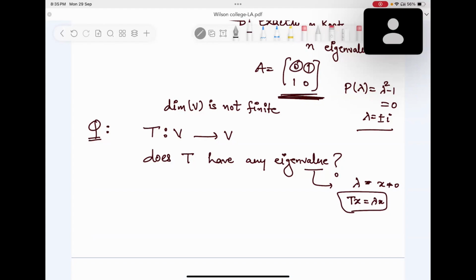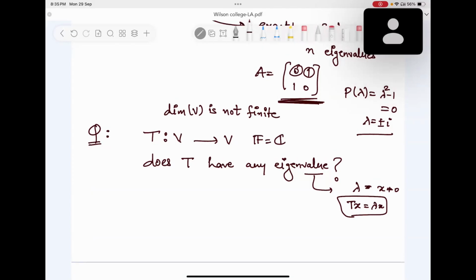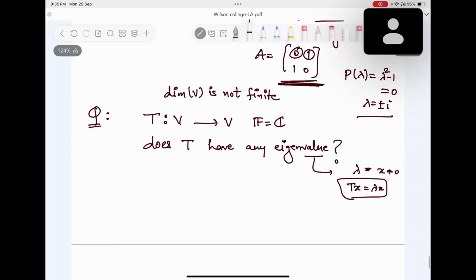In finite dimensional V, even if the field is complex, we have eigenvalues corresponding to a linear transformation or matrix. But the question I want to ask is, suppose your dimension is not finite and your linear transformation is from V to V and your field is also complex.